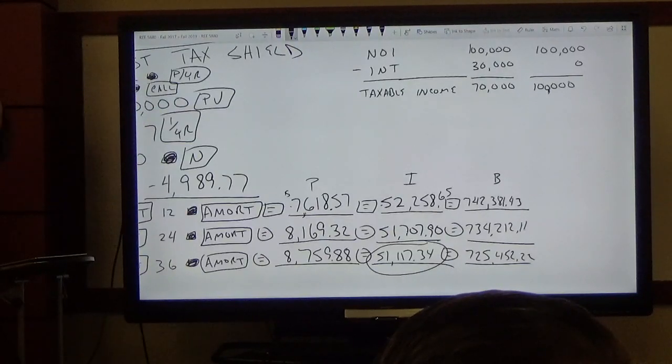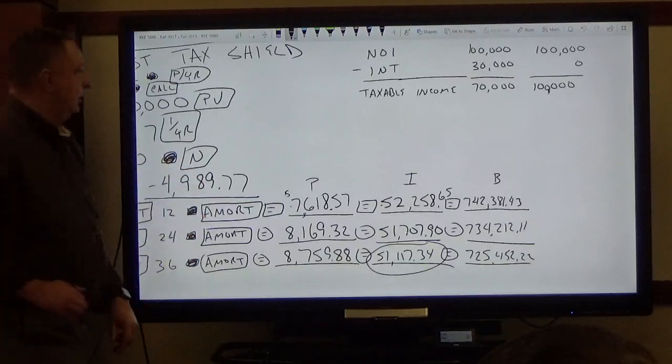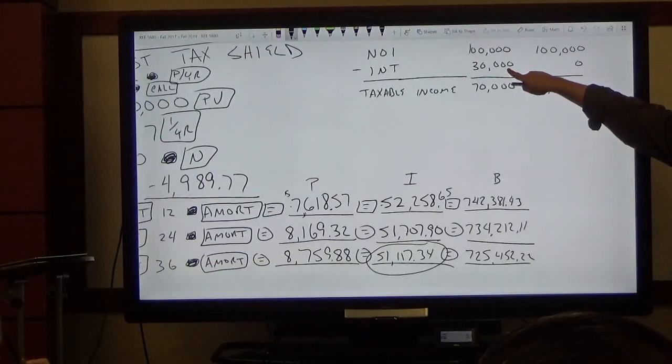The tax deduction reduces our taxable income by whatever the amount of the interest expense is. Does that make sense? So $30,000 of interest expense reduces our taxable income from 100,000 down to 70,000 because we get that interest deduction.